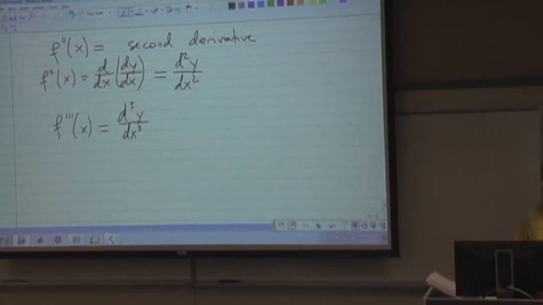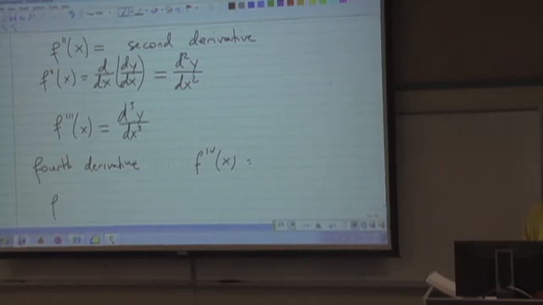Usually the standard notation, by the way, for the primes is actually Roman numerals. So the fourth derivative is defined to be f with Roman numeral four of x, and so forth. Now at some point you're going to get really tired of all these Roman numerals, so if I ask you for the 18th derivative, it might take you a while to write all of them out.